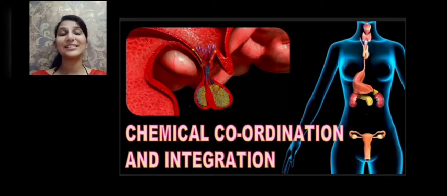So in this chapter, Chemical Coordination and Integration, we are going to learn about the endocrine system in our body, the hormones released by these glands, and the functions performed by these hormones in maintaining metabolism, growth, and reproduction.